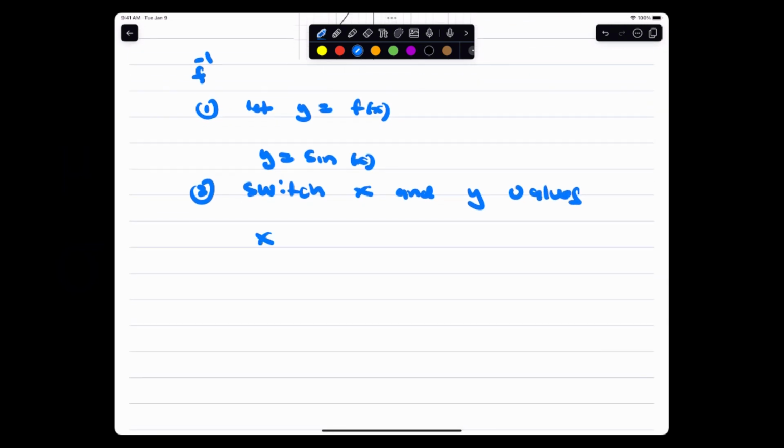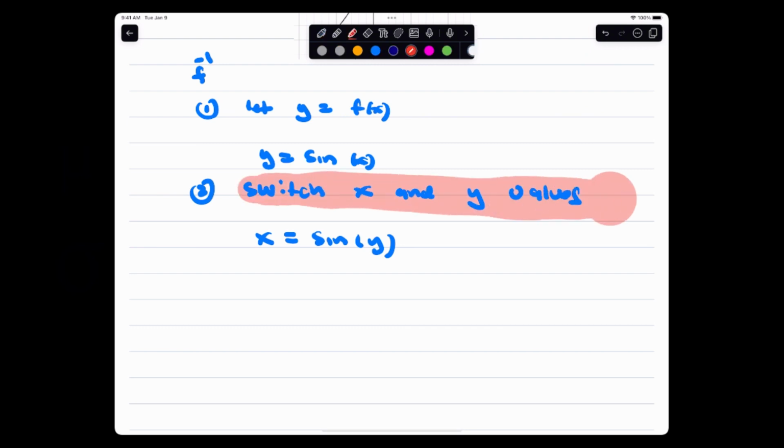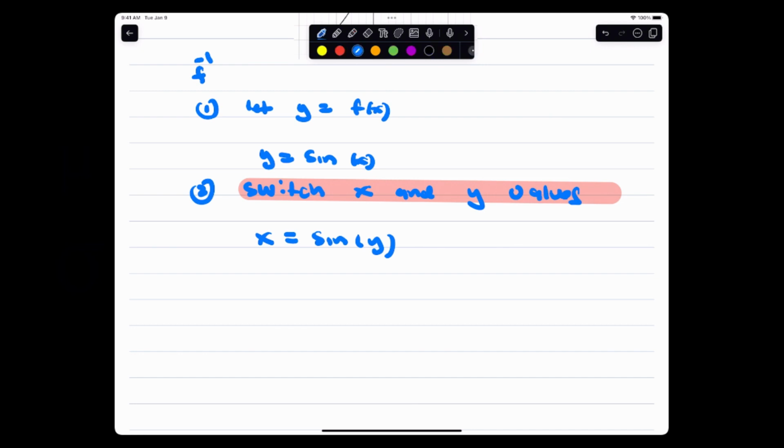That means you say x is sine of what? Y. So here's the inverse function. This is the key here. Switching x and y, like we did, gives you now what? Switching domain and range. So in intermediate algebra, we did this.